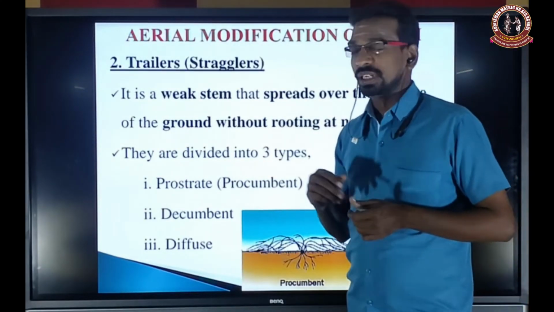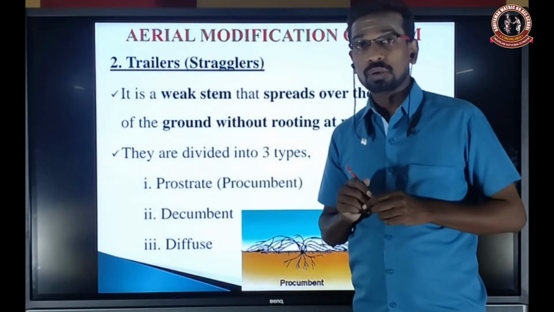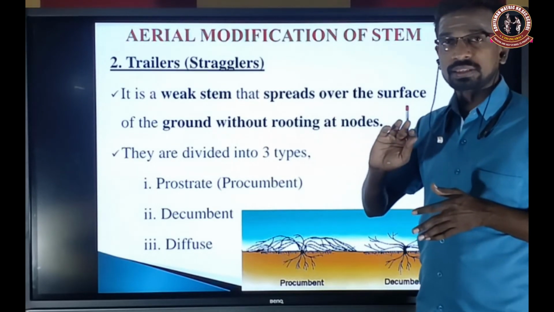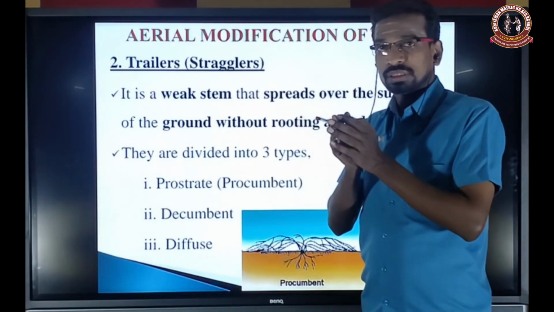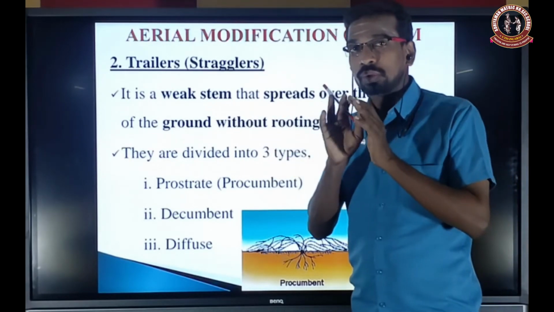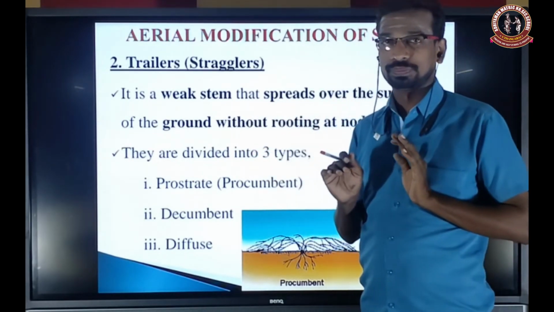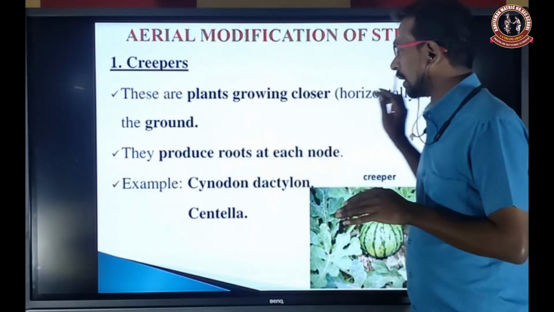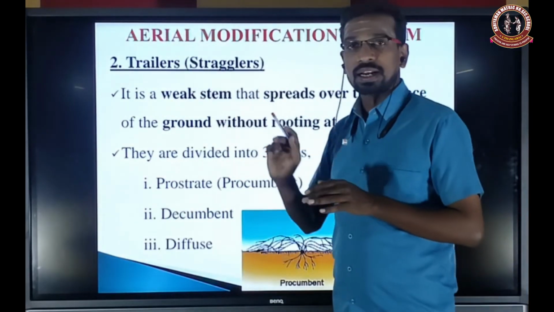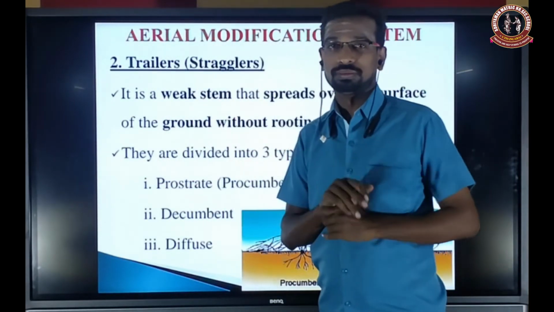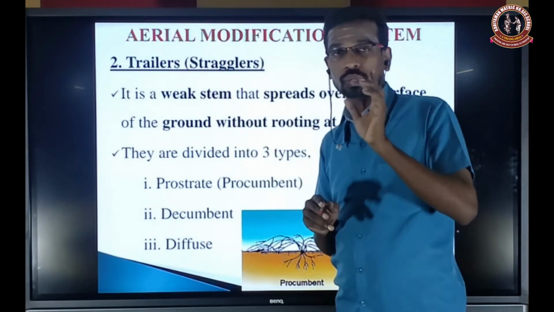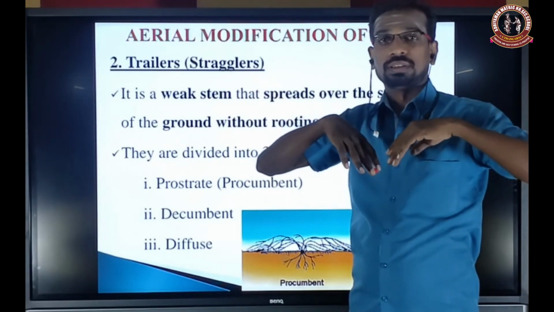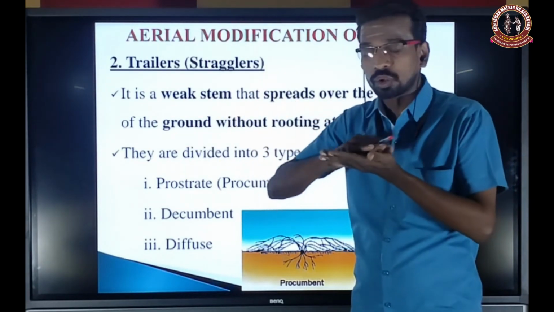Next, trailers. It's entirely different from creepers. How? It also grows near the soil level, but it has a main root, and every node does not produce a root. In creepers, each node produces a root, but in trailers each node does not. That means this plant has only one main root, and it spreads branches near the soil level or very close to the ground.